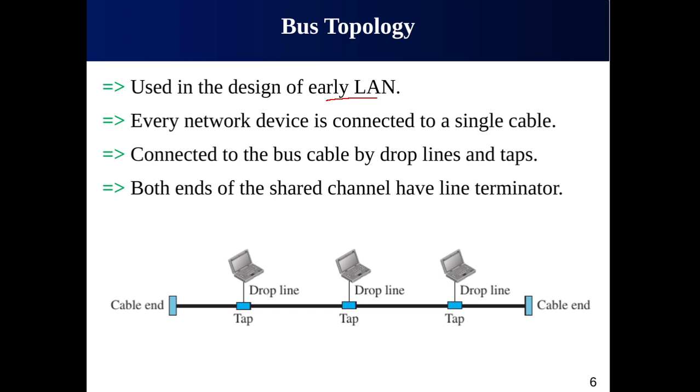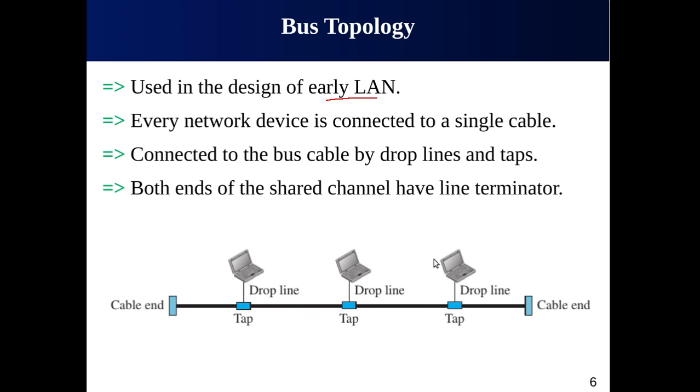It is a network in which every computer and other network device is connected to a single cable. You can see here we have three computers and they are connected to a single cable. One long cable acts as a backbone. This is our backbone because it links all the devices in a network.